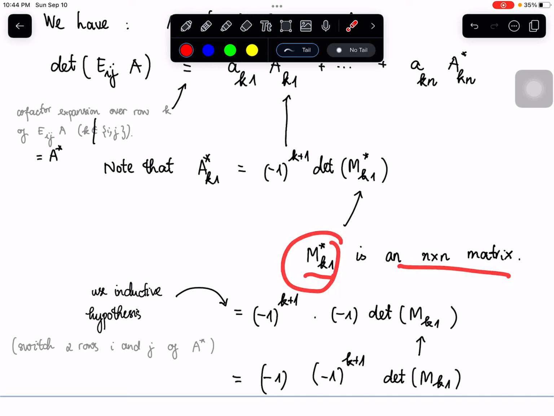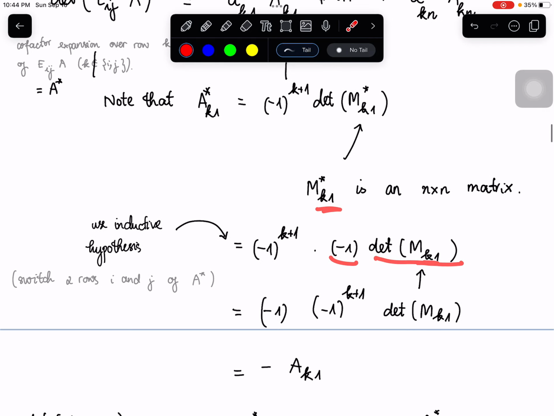Then this determinant will be minus the determinant of Mk1, where Mk1 is the matrix in which we switched row i and row j of A star.